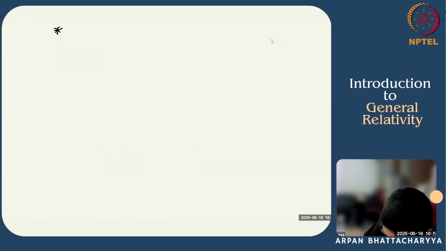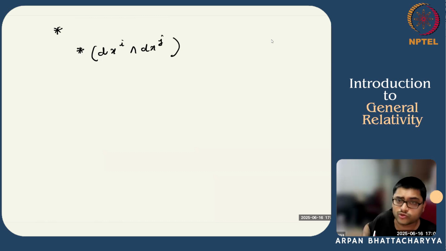Now, what about the Hodge dual of a 2-form, star of dx^i wedge dx^j? Now, this is a 2-form.